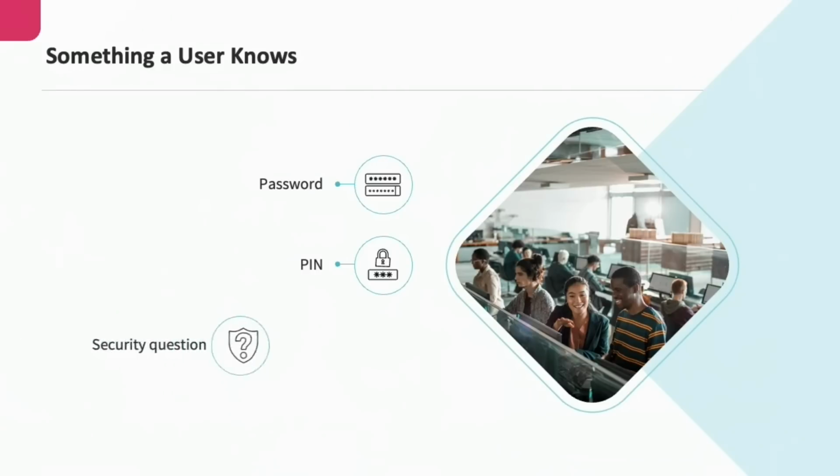Things that a user would know include a password, a PIN, or the answer to one or more security questions. But of course, the key here is that only the user in question should know these values. Now, I'm certain that most of us are familiar with using any or all of these, but for as prevalent as they are, passwords, PINs, and security questions aren't all that secure.